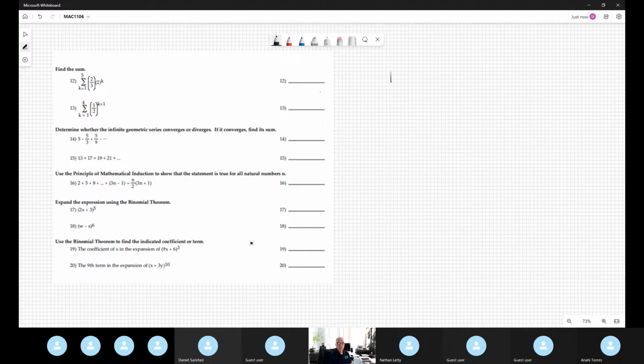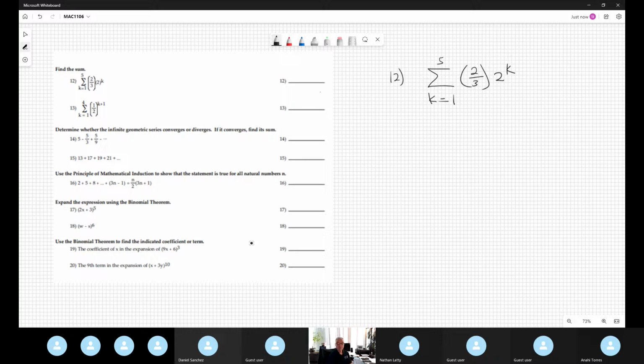So you compute the sum. Entonces 12 is the summation from k equals 1 to 5 of 2/3 times 2 to the k power. So it looks similar to the geometric series, the summation for the geometric sequence.